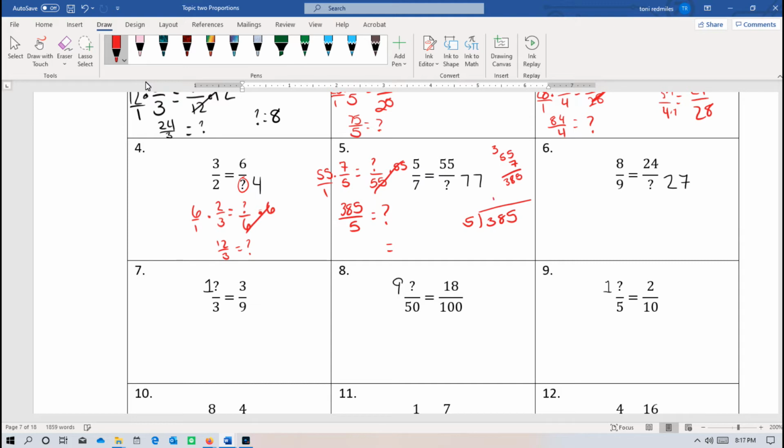Yes, it can go in 7 times, which is 35, which gives me 3 left over. Drop down my 5. Hey, look there. 5 can also go into 35 7 times. Look, I didn't have to know my times tables up to 385. I can just take it one digit at a time. All right, that's the same kind of concept.